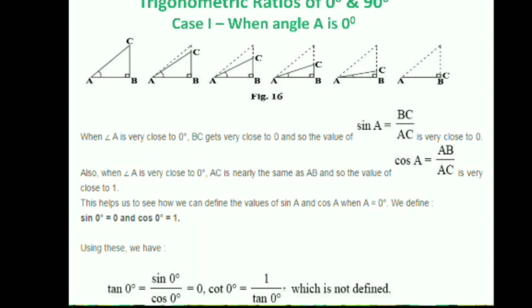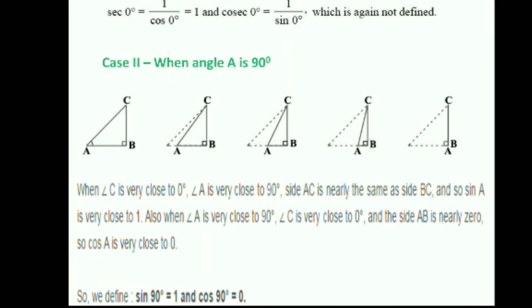The value of sin 0 is 0 and the value of cos 0 is 1. So 0 upon 1 is also 0. And cot 0 is equal to 1 upon tan 0, and 1 upon 0 means infinite, not defined. Sec 0 is equal to 1 upon cos 0, that's why it is 1. And cosec 0 is equal to 1 upon sin 0, which is again not defined because the value of sin 0 is 0.